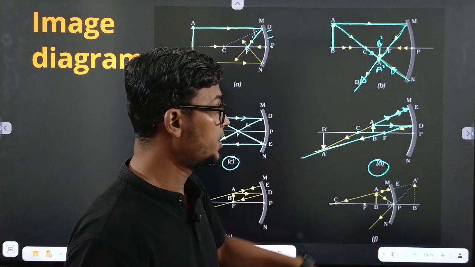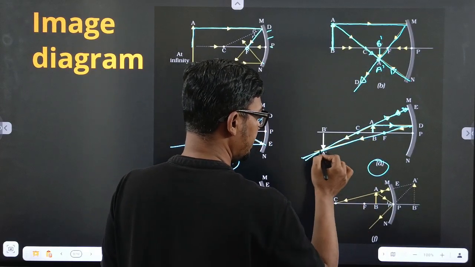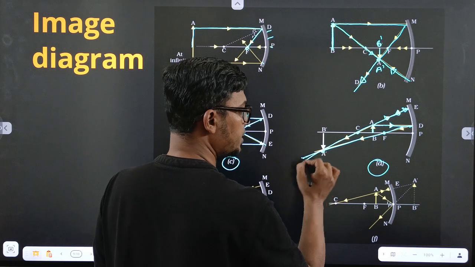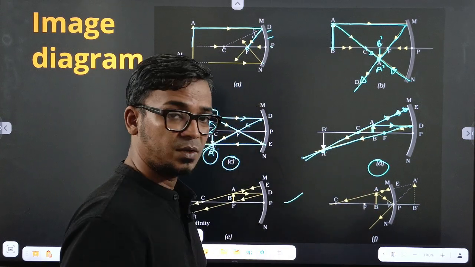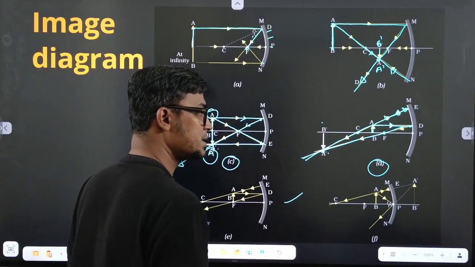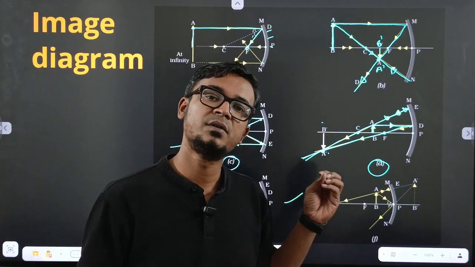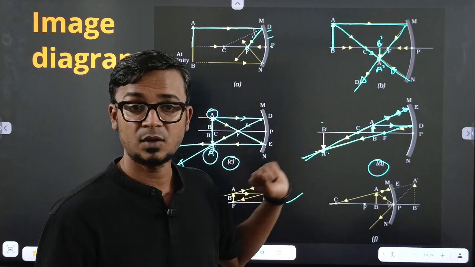So these two reflecting rays intersect at this point. The image of the object AB will form A dash B dash. This image is also real and inverted, but it is greater than the object.